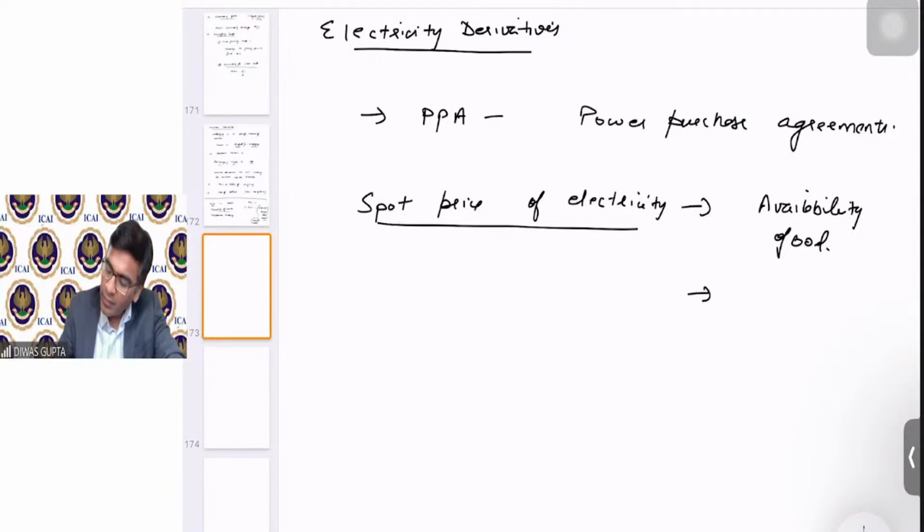Then weather conditions. Similarly, coal is one thing, but again, there are some other fuel related supply constraints.